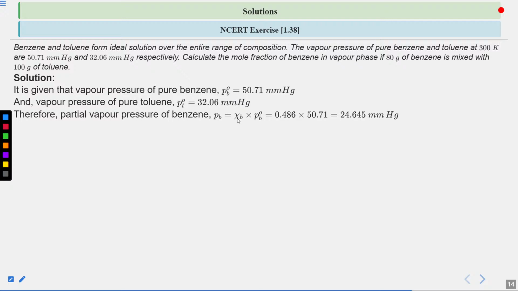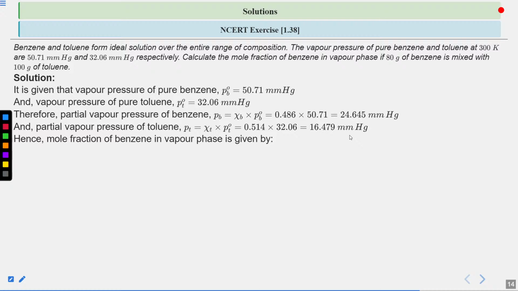What will be the partial pressure of benzene then? We know the formula from Raoult's law. It is chi b into P naught b. If you calculate this, you will get 24.645 mmHg. Similarly, for toluene, you will get the vapor pressure of toluene as 16.479 mmHg.